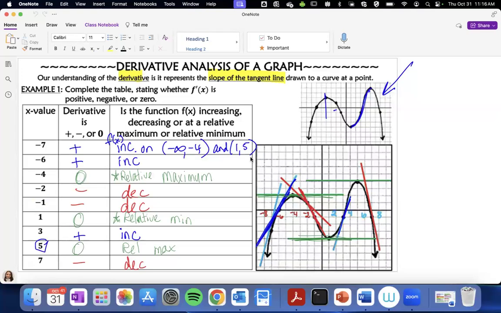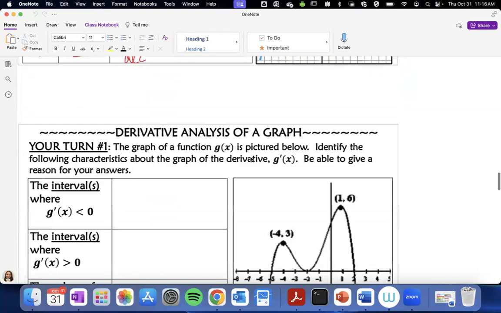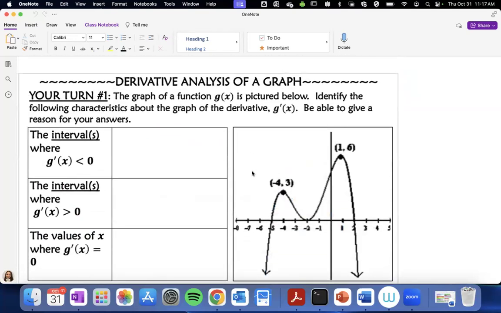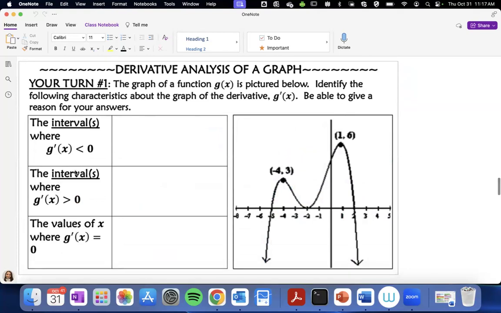All right. So here's what I'd like you to do. Take a look at this graph. And I want you to write the intervals where g prime is less than 0. So if I'm asking for the intervals on which the derivative is negative, what should I be thinking about? If this is g of x, where is g of x decreasing, right?